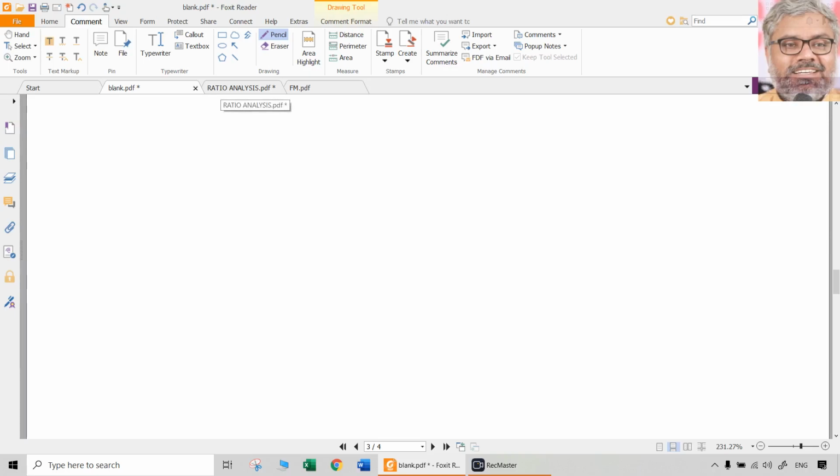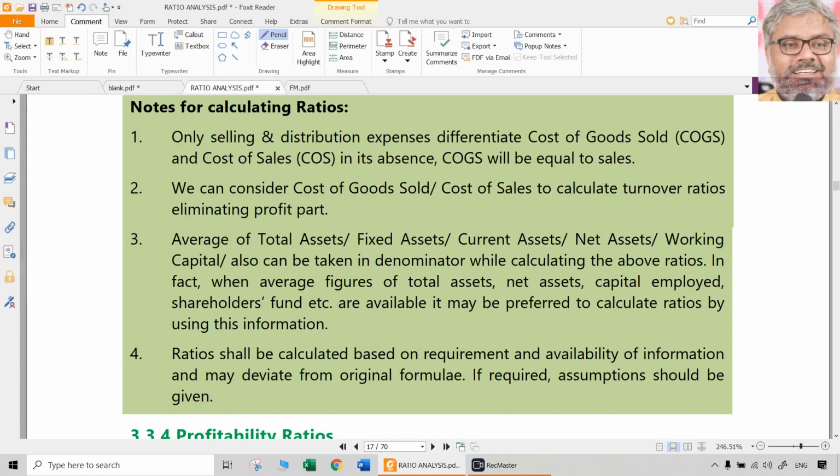In between there is a raw materials turnover ratio also, which is a sub ratio. Just for understanding, normally inventory turnover ratio means finished goods, and raw material turnover ratio will have a different formula. That's it. These are turnover ratios. And some things to be noted, mostly common things only actually. Selling and distribution expenses and cost of goods sold have to be known.